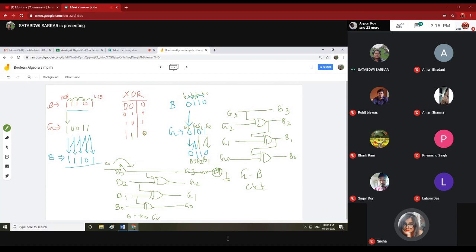Here two arrow signs will be there because it is emitting light. This is LED, light emitting diode. And this is resistance. Generally we use R equals 330 ohm.